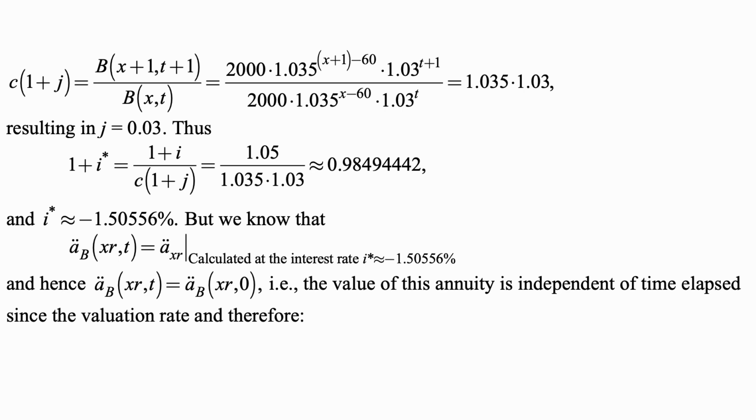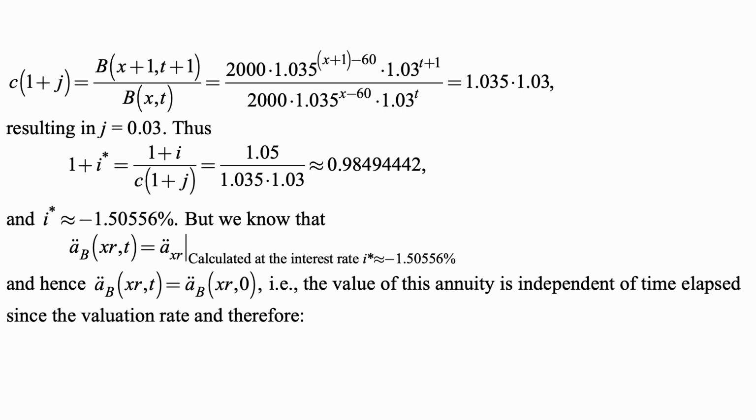That can happen. And then we know that ä_b(x_r,t) is ä_{x_r} calculated at the interest rate i*, which is negative 1.0556%, and hence ä_b(x_r,t) is the same as ä_b(x_r,0).